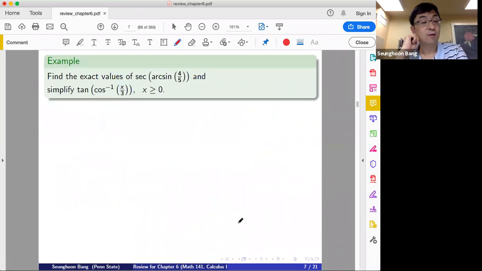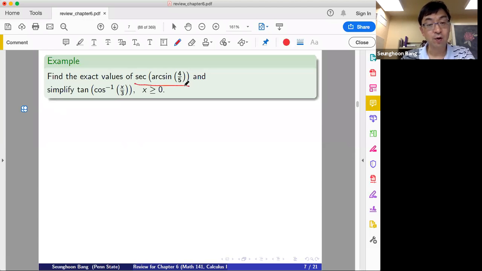The next, find the exact value of secant of arcsine of 4 over 5. Then simplify the tangent of inverse cosine of x over 3. How can you simplify? We can use these steps.